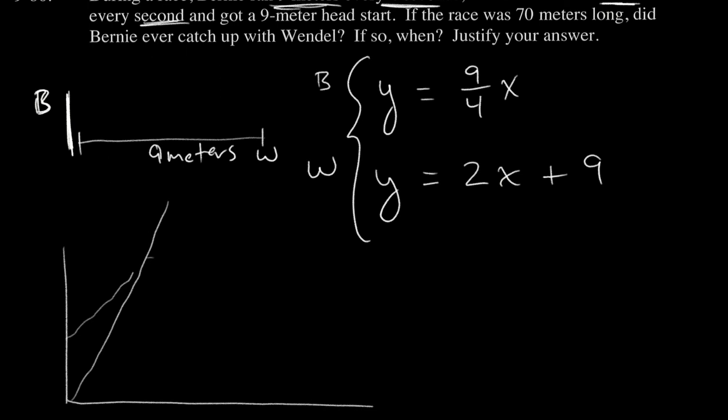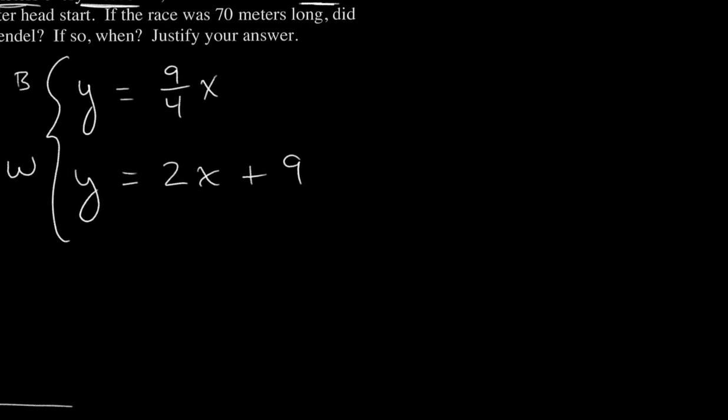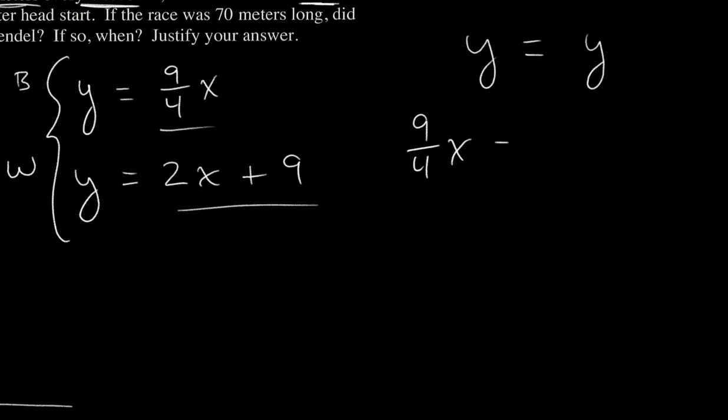This is totally set up for the equal values method. I have y is this and y is this. In the context of this situation, I want to know when the y's are the same. One y is 9 fourths x, and the other y is 2x plus 9.